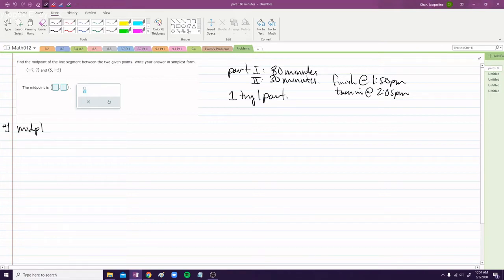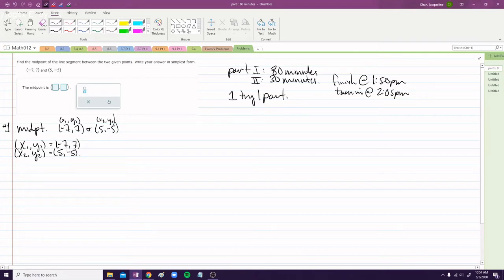midpoint, okay? And then instead of writing like -7, 7 and 5, -5, you can do that, or you can label it right away and put x1, y1 over here, x2, y2, or say x1, y1 is -7, 7, and then x2, y2 is equal to 5, -5.